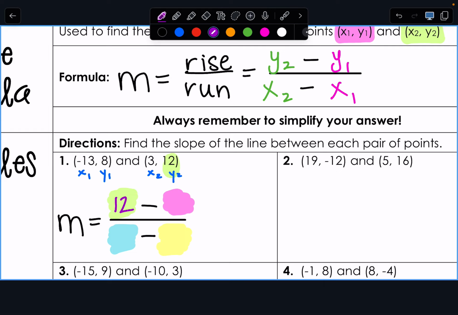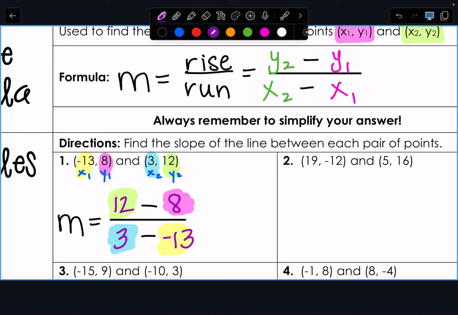We need y1, which is 8. Okay, what goes in the blue cloud? 3, because we're talking about x2, the second x, minus the first x, negative 13.